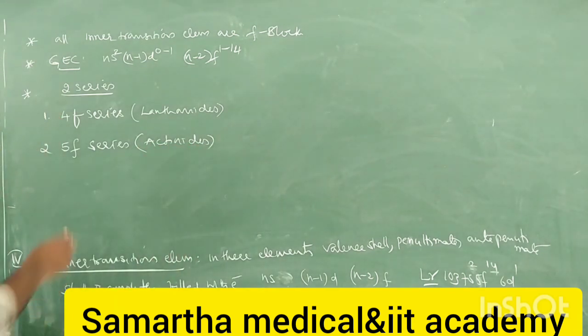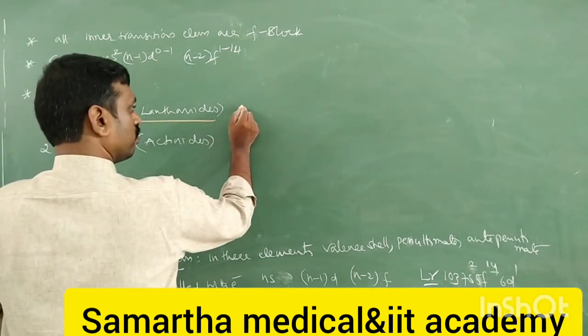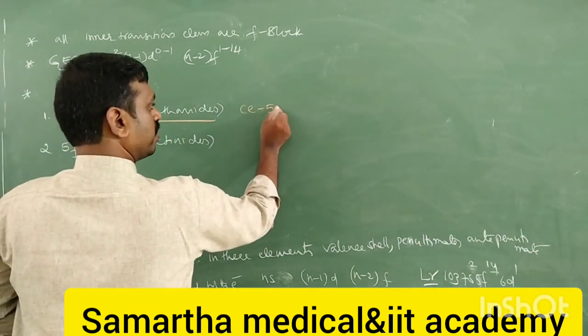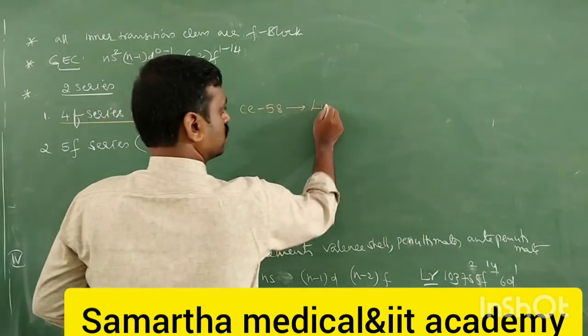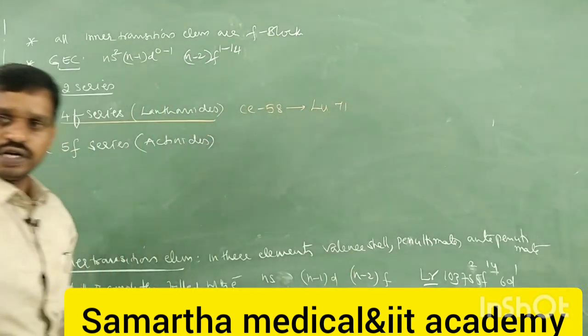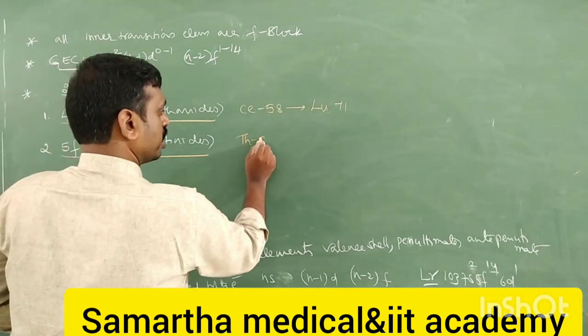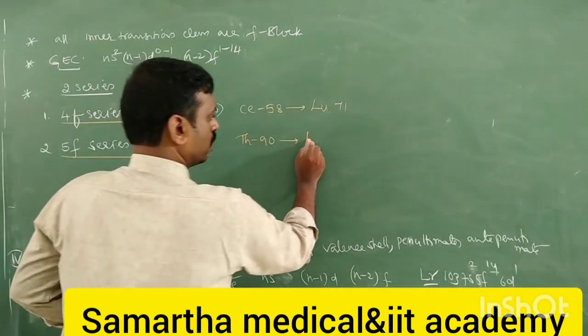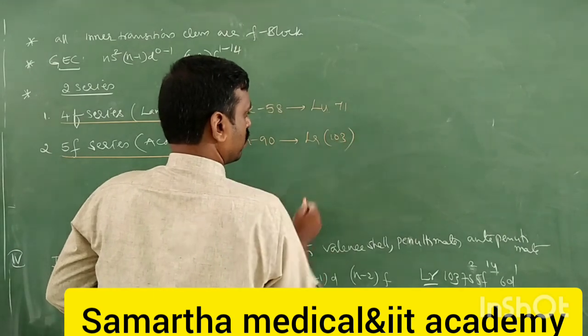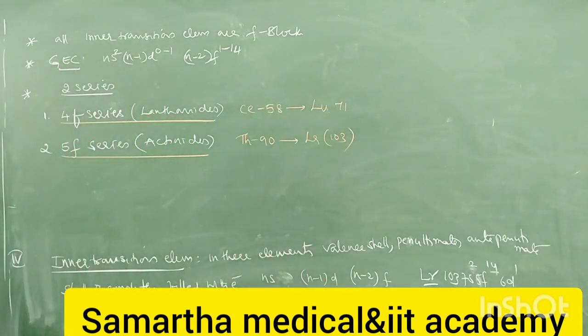Which elements are lanthanides? From cerium 58 to lutetium 71 are lanthanides. Which elements are actinides? Thorium 90 to lawrencium 103 are actinides.